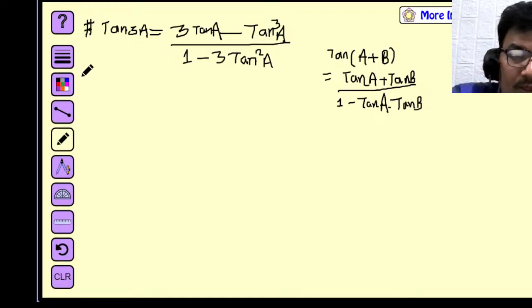Then we use the same formula here, but we are converting tan 3A. Tan 3A means we can write tan(A+2A).